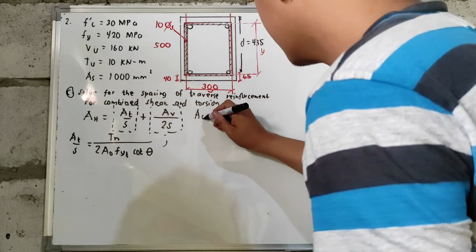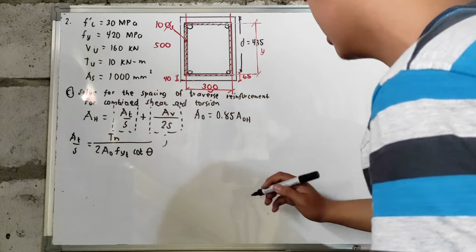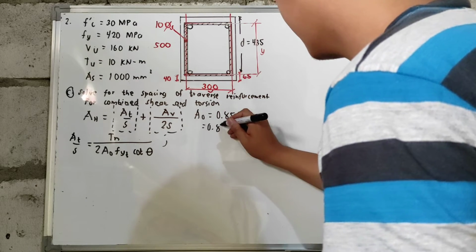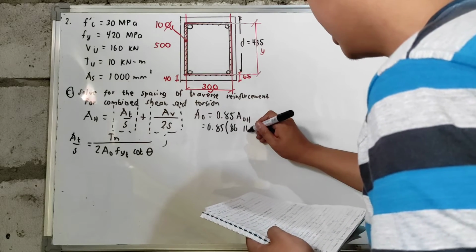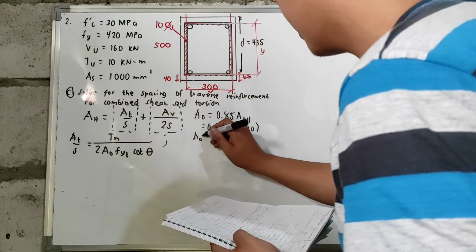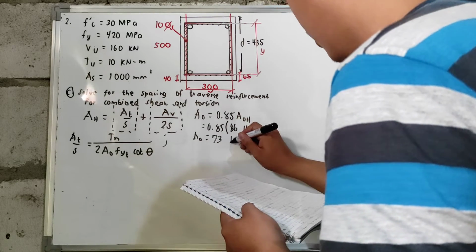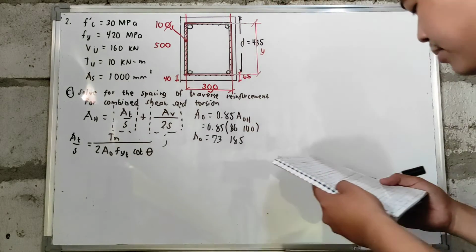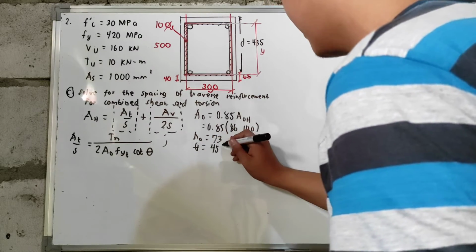So AO, this is equal to 0.85 of AOH. So meron tayo ditong 0.85. Yung area natin, that is 86,100. So the value of your AO is now equal to 73,185 mm squared. The value of your theta, that is equal to 45 degrees.